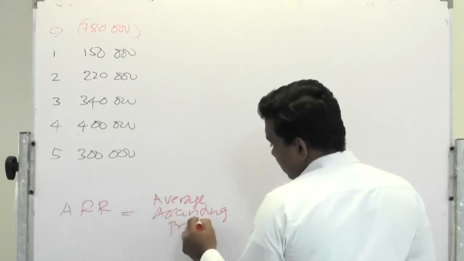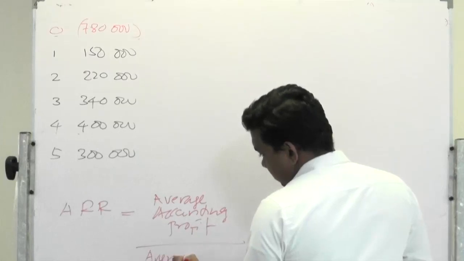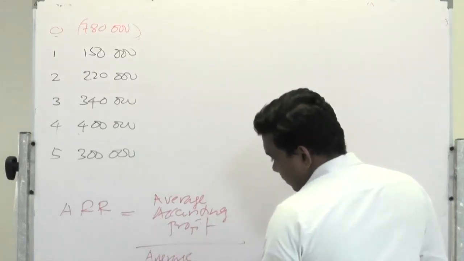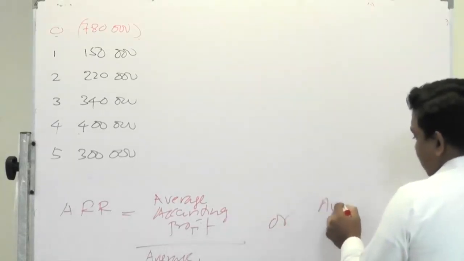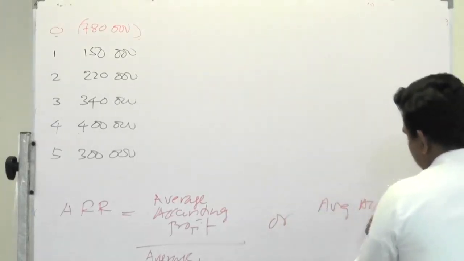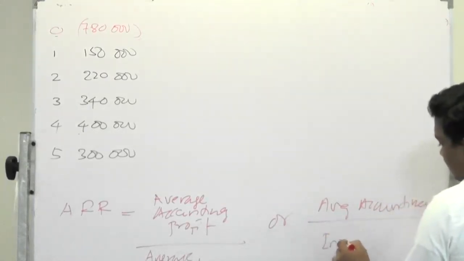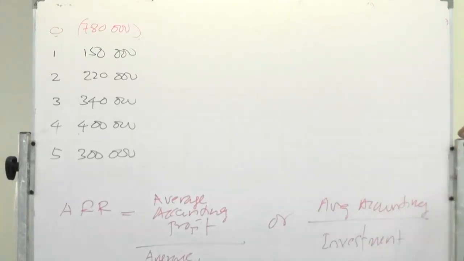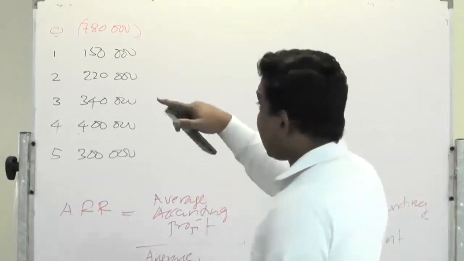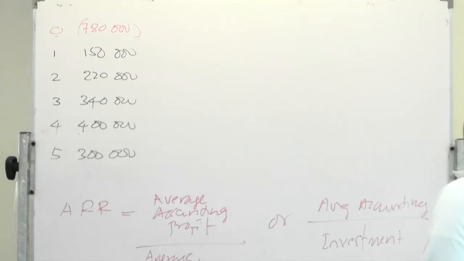Accounting profit divided by average investment, or again average accounting profit divided by initial investment. Any method you can use, but you have to check which method they have used to arrive at their answer. Is that clear? In which method they have arrived at the answer.